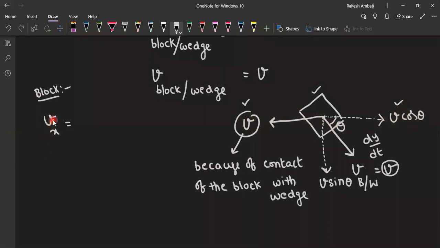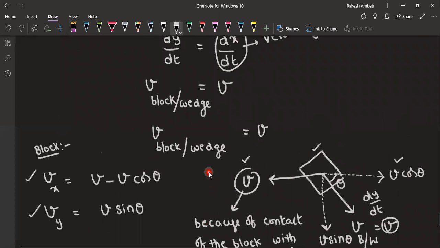Therefore, the resultant velocity of the block in x direction is v minus v cos theta. In the same way, in y direction, we have only one component, that is v sin theta. So these are the x component and y component of the block.